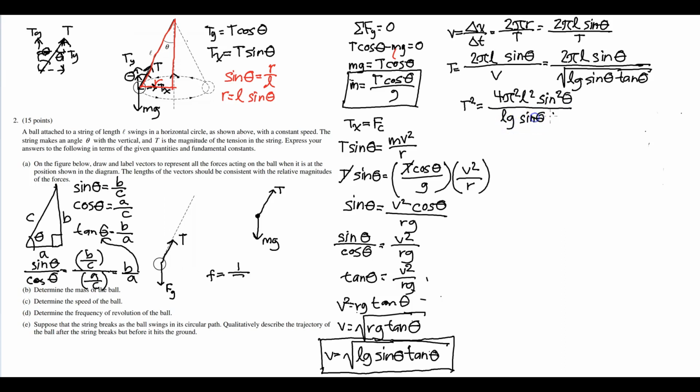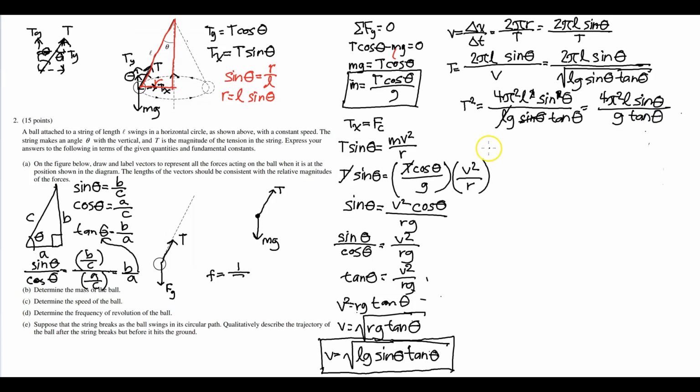sine theta tangent theta. Okay, so now you can immediately see this cancels out the square. This cancels out this square. And we're left with 4 pi squared L sine theta over G tangent of theta.